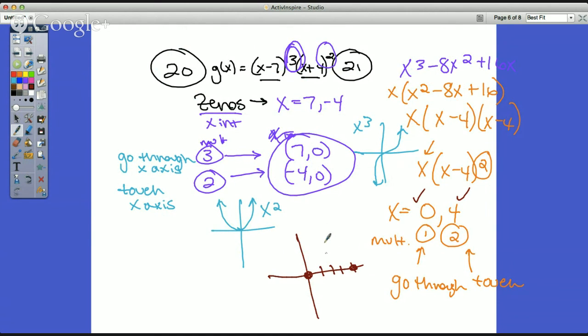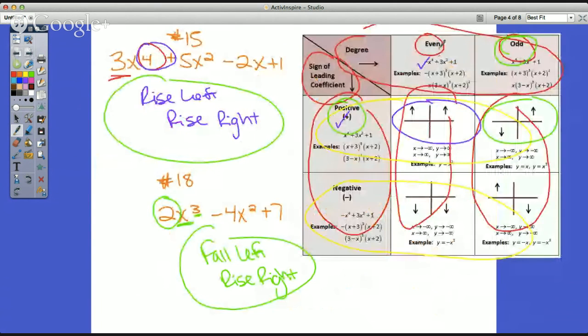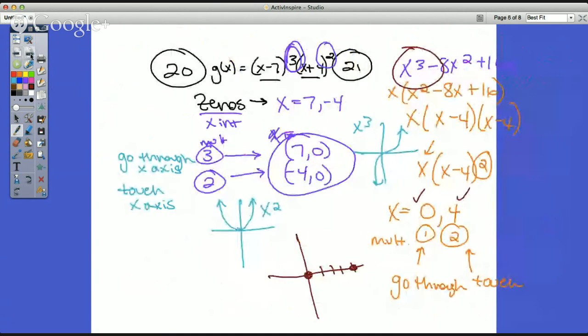To find out what's happening, if I go back to my chart with x cubed, we know the degree is odd, and we know that it's going to be positive, so it's going to fall left and rise right.